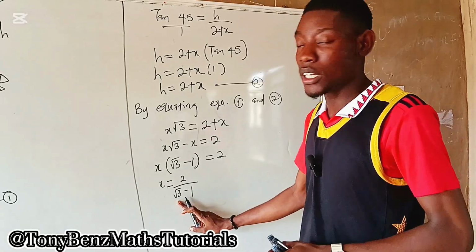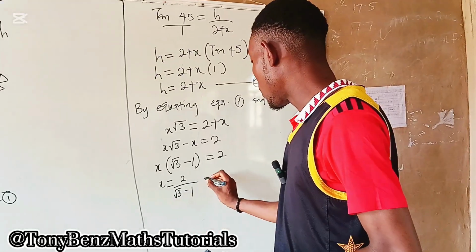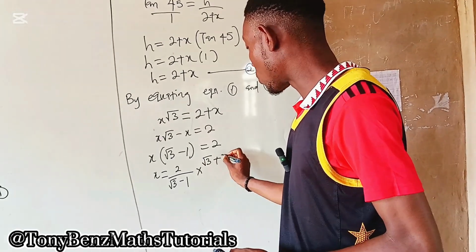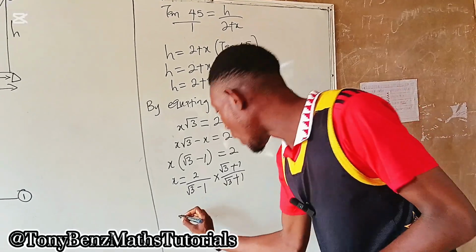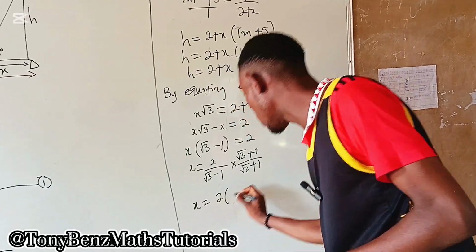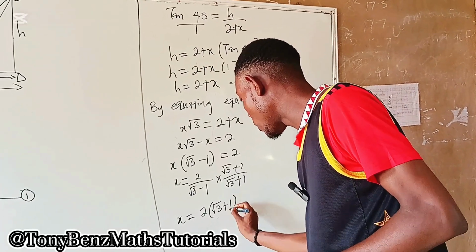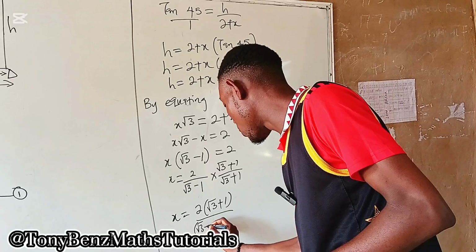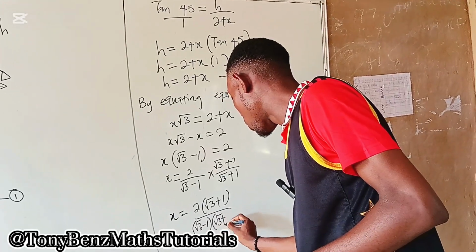Mind you, we have a square root as the denominator. So we are going to rationalize the denominator, multiplying the numerator and denominator by root 3 plus 1. X is equal to 2 into root 3 plus 1, all over root 3 minus 1 into root 3 plus 1.